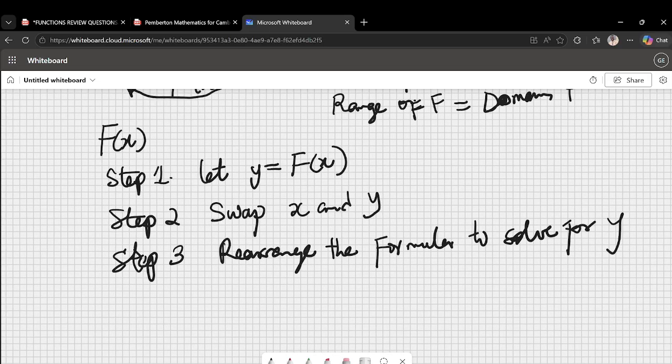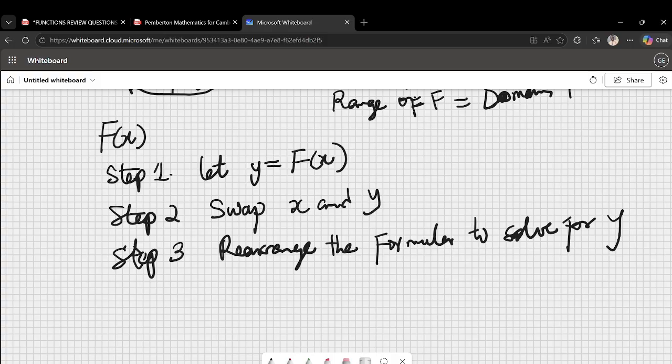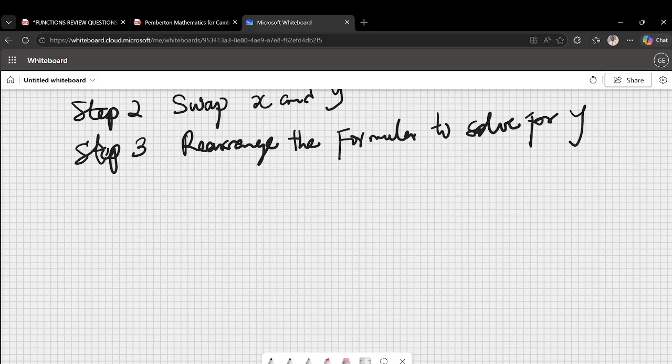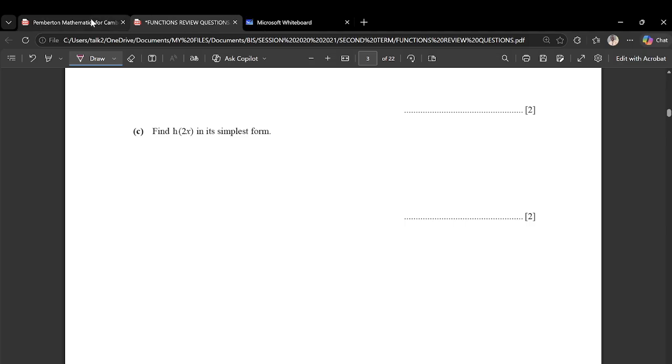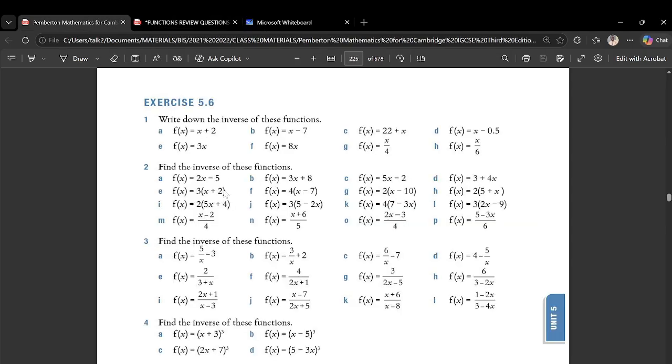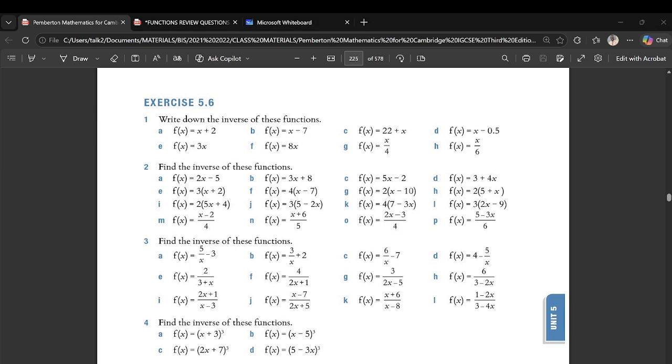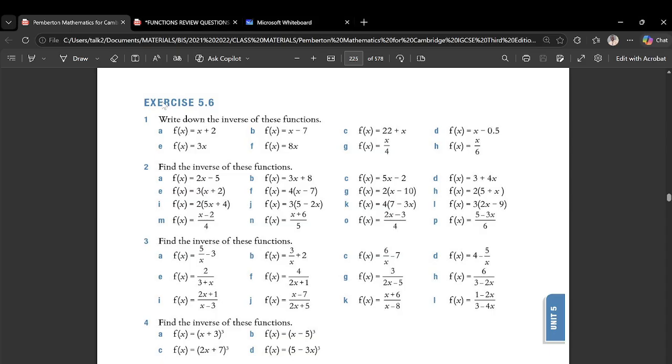We are going to explain this using some examples. I'm going to take some questions from the CSE textbook, the Pemberton textbook. Let's take a few simple examples to start with. From there, we can extend our knowledge to something bigger.